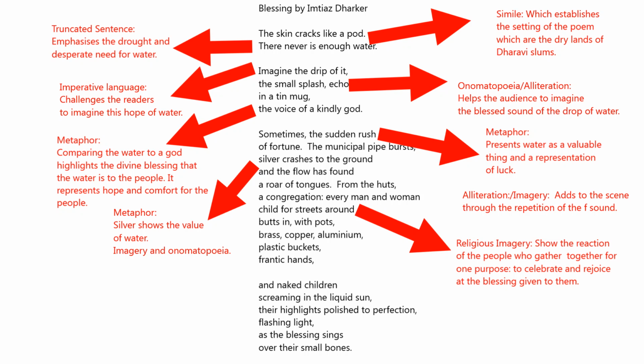So I want you guys to underline. I'm so bad at this, underlining stuff. Sorry, it shouldn't be black. All of this part here. Okay, brass, copper, plastic buckets. Put a little arrow. Okay, so we're calling it listing and also enjambment.